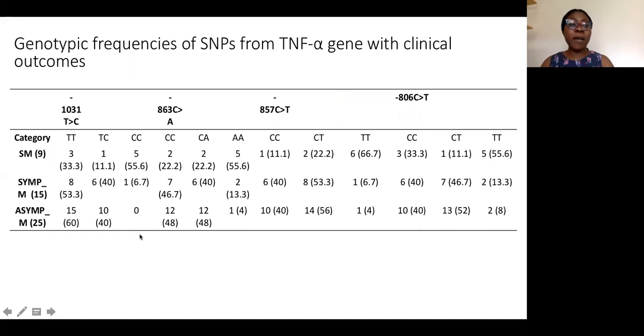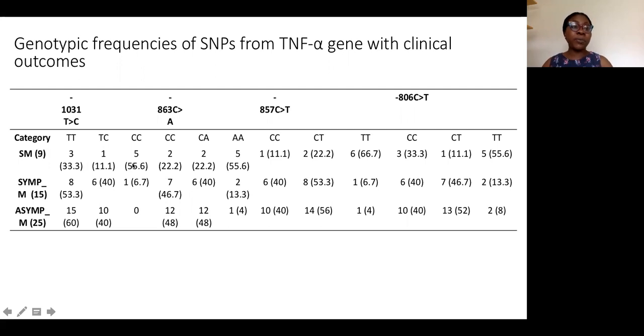So here, we looked at the genotypic frequencies of single nucleotide polymorphisms from tumor necrosis factor with clinical outcomes. In this study, we saw 4 single nucleotide polymorphisms. And we can see here that the different cohorts of children actually show different genotypic frequencies.